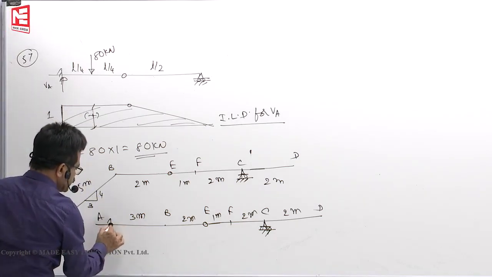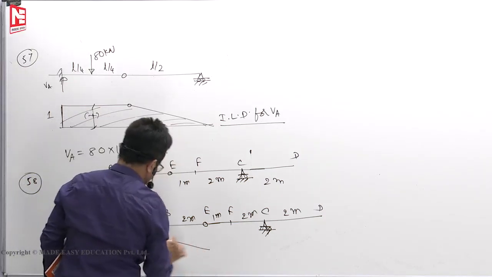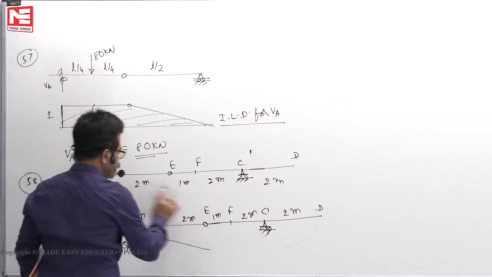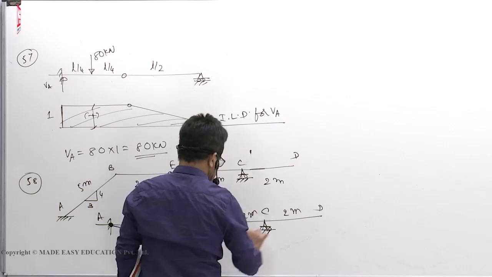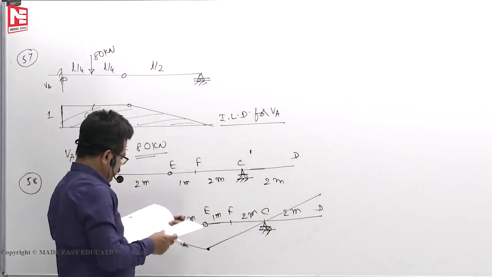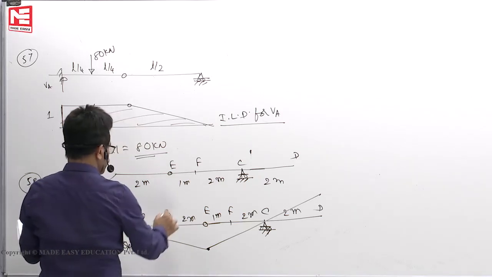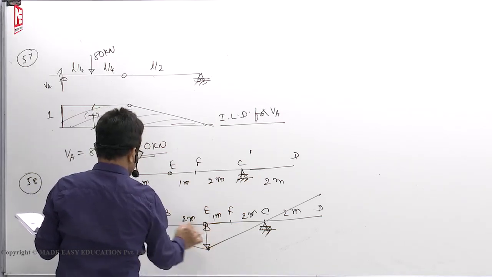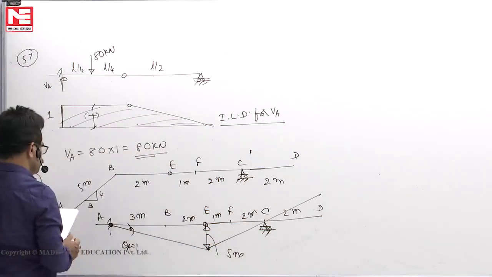So assume an imaginary hinge and apply unit rotation like this. Theta A is equal to 1. The load is moving from B to D, somewhere here only. It goes like this. Then the value of the ordinate at point E: this is B, this is E. How much? 5 meters. So this ordinate is 5 meters.